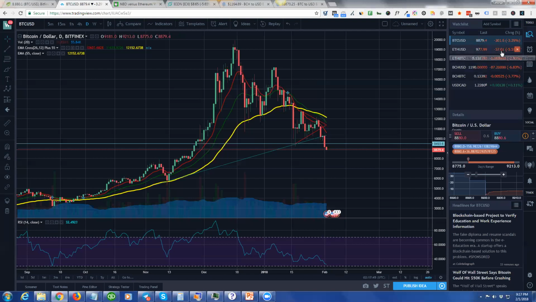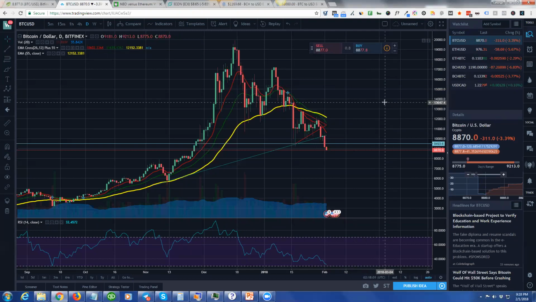So you have your watch list over here. This buy and sell, you can actually buy and sell if you have this connected to the exchange you're using. So you can actually trade within TradingView, if your exchange's API works with TradingView.